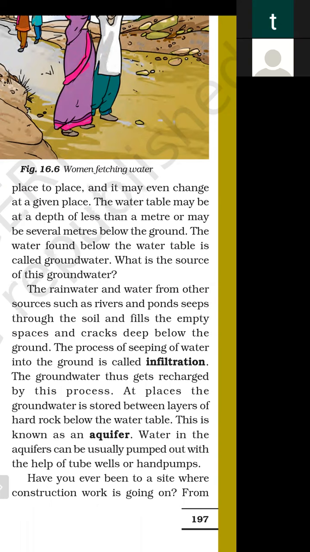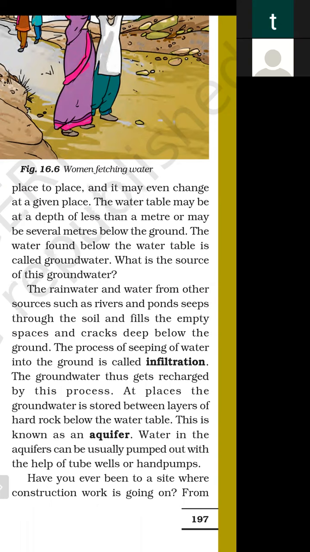Below that water table, the water is known as groundwater. And this process of seeping of water into the ground is called infiltration. The groundwater thus gets recharged by this process.